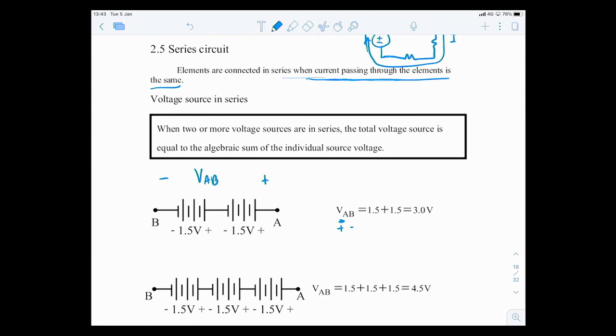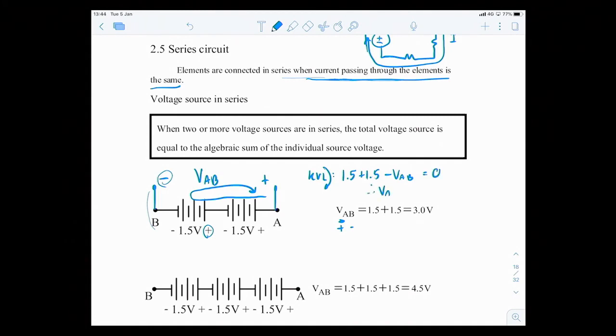To make sure you get it correct, please use KVL. Imagine a loop and I walk around it. Using KVL, I see positive 1.5 here, then negative VAB, and it's set equal to 0.